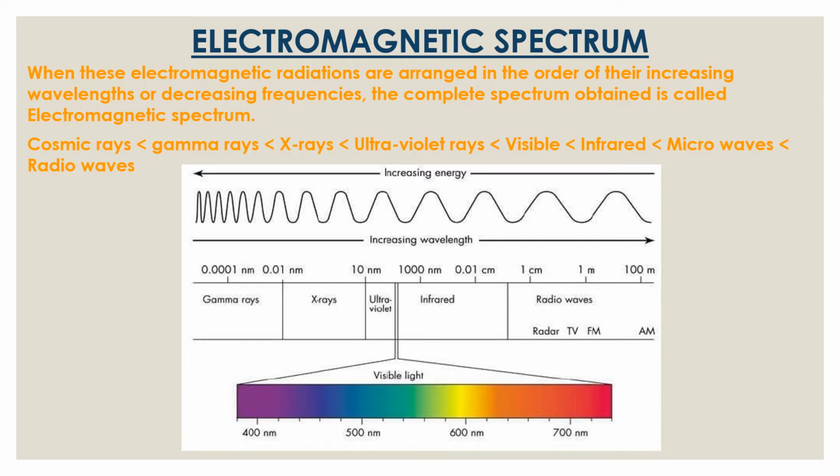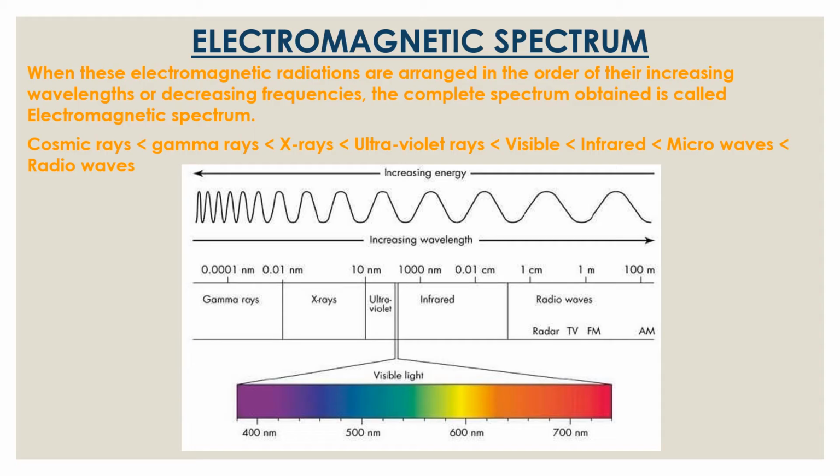The electromagnetic spectrum consists of these rays: cosmic rays, gamma rays, X-rays, ultraviolet rays, visible rays, infrared rays, microwaves, radio waves. These are all electromagnetic waves, arranged on the basis of their increasing wavelengths.